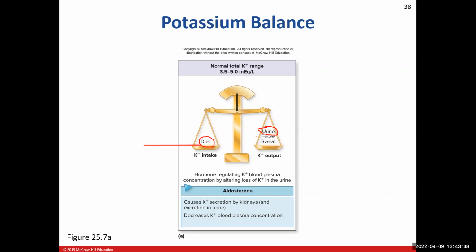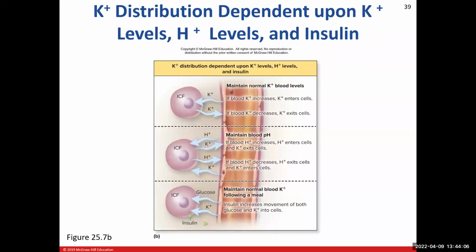And by doing so, it will then decrease our blood plasma levels of potassium in circulation here. So this hormone does help to regulate our potassium blood plasma concentration. How does it do so? What we do is we just excrete it into the urine and it decreases that blood potassium concentration in circulation.